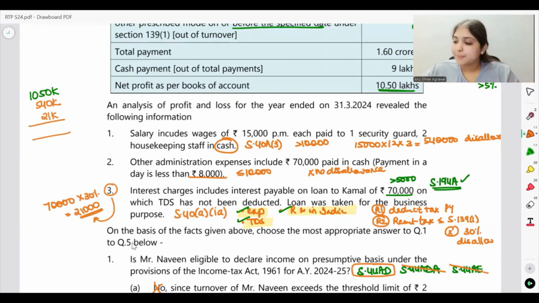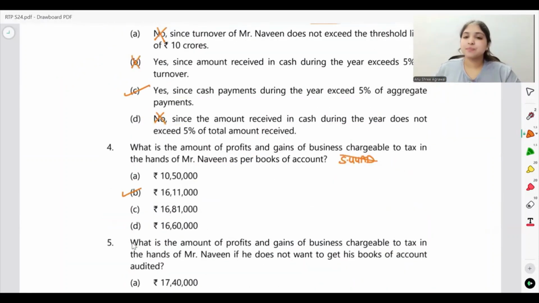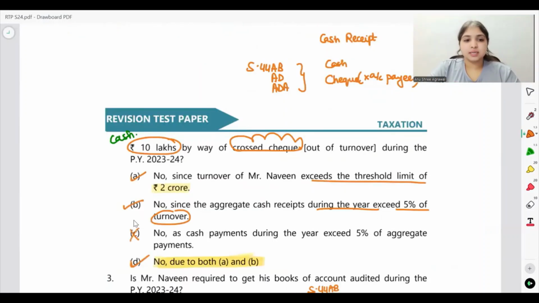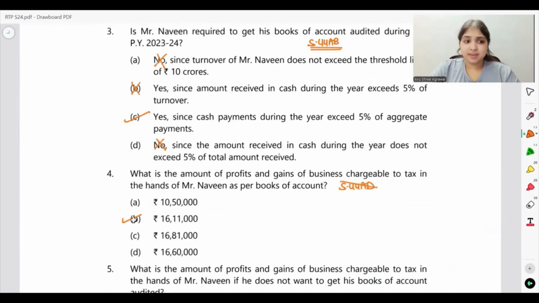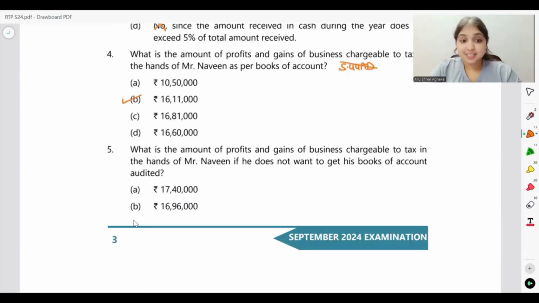So total PGBP of the assessee as per the normal provisions is going to be 16 lakhs 11,000, which is option B.